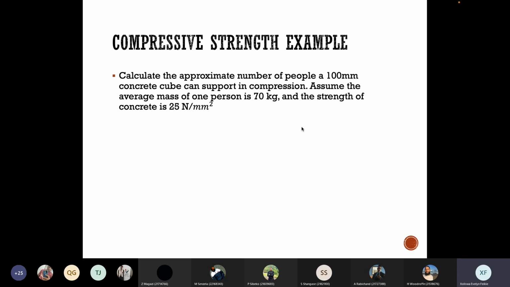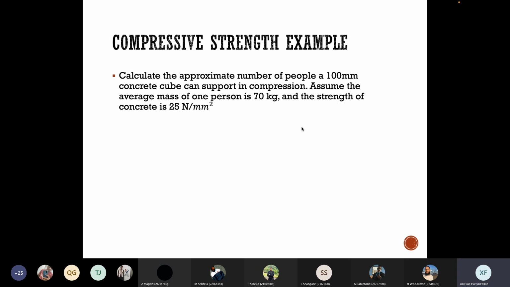Then you already have converted the 70 kilograms into a force, so you already know how much it is in newtons. You take that value in newtons divided by what you already have for one person in newtons, and it will give you the approximate number of people.